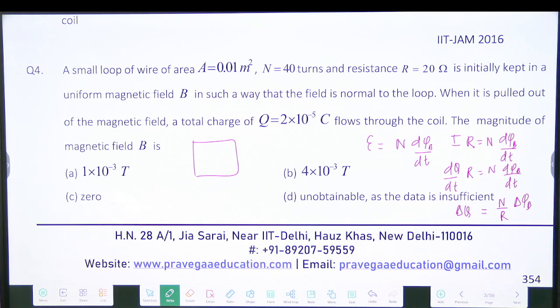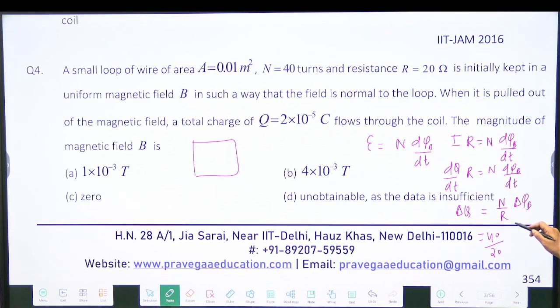So initially the magnetic flux was something, finally it became 0. Initially the magnetic flux was B, we have to calculate.